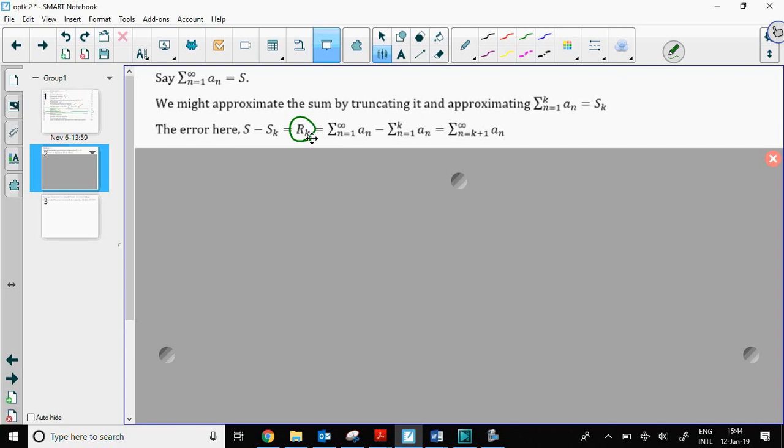R, of course, stands for error, or as I like to pronounce it, err. Since that's the entire sum from 1 to infinity minus the partial sum from 1 to k, what's left over is the sum from k plus 1 to infinity.